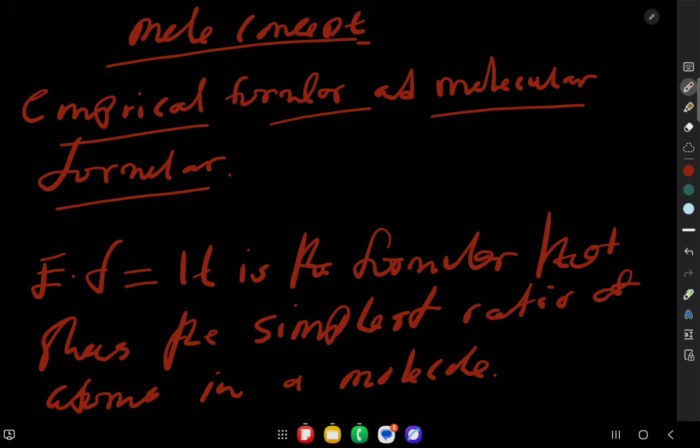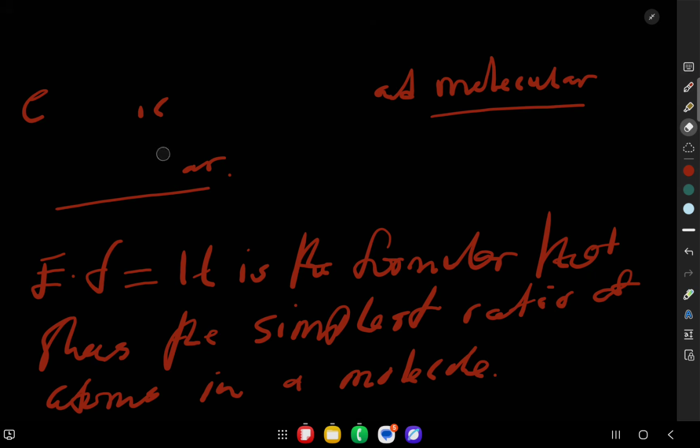So if we say this is an empirical formula, we are just talking about the formula that shows the simplest ratios of atoms in a molecule. What we mean by that is, let me give an example here.